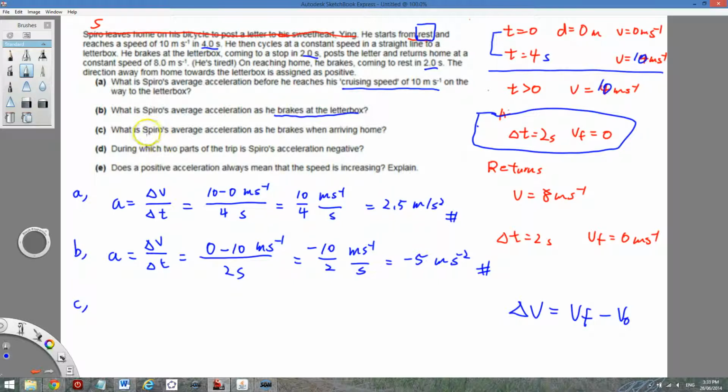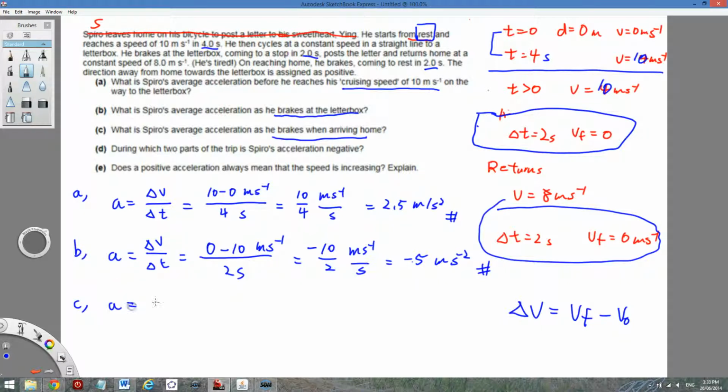Now, question C: we need to find the acceleration as he brakes when arriving home, which is this part. Note the answer for question B is minus 5, not 5. Minus 5 means he's slowing down, and here it is positive, so he's speeding up. Here he is slowing down.